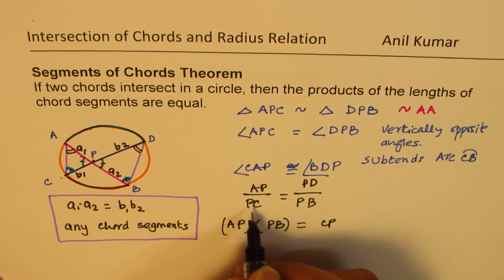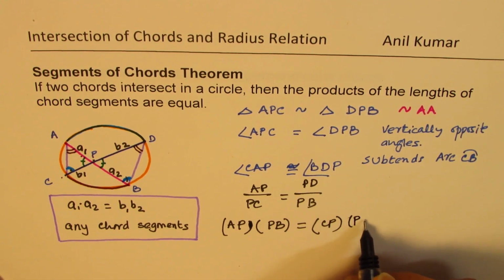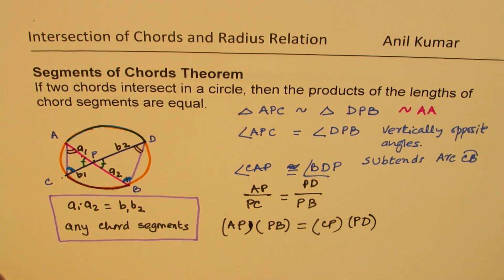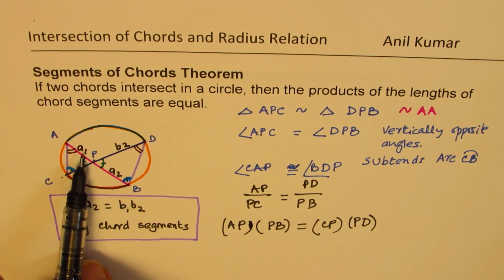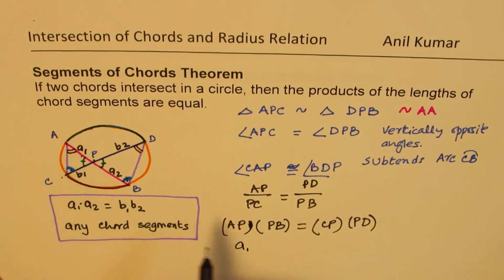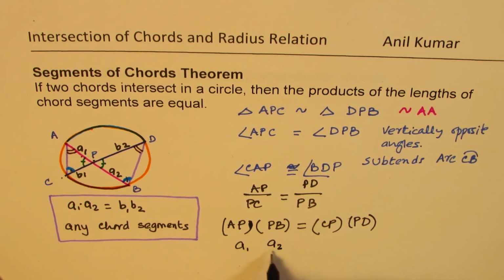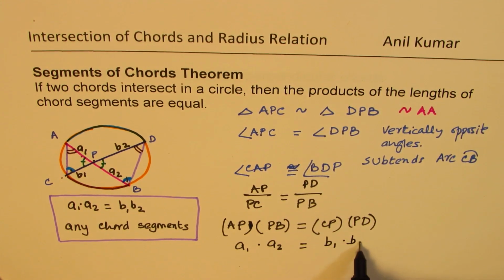Let me write this as CP times PD. Does that make sense to you, right? So now AP times PB, which is the same as A1 A2, right? So this is our segment A1, this is segment A2, right? Equals B1 B2. Is that clear to you? So that is how we can actually prove it.